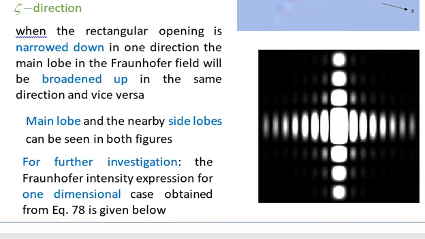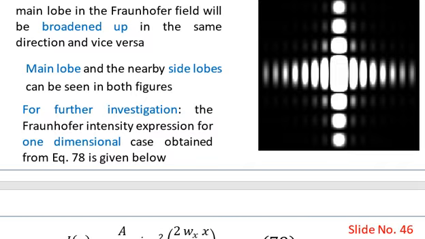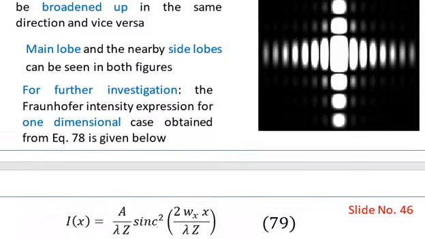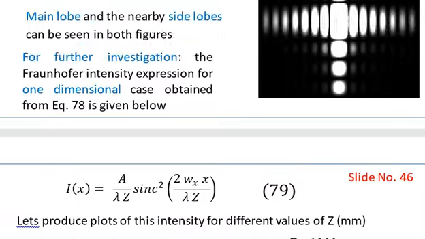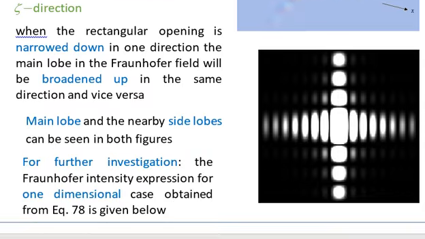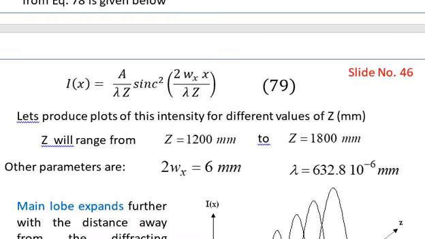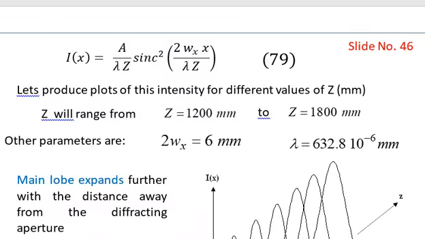The main lobe and the nearby side lobes can be seen in both figures. For further investigation, the Fraunhofer intensity expression for the one-dimensional case obtained from equation number 78 is given below. The three-dimensional and the two-dimensional plots cannot be appreciated very much, so we need a one-dimensional plot of that. So we are using only a variable x.